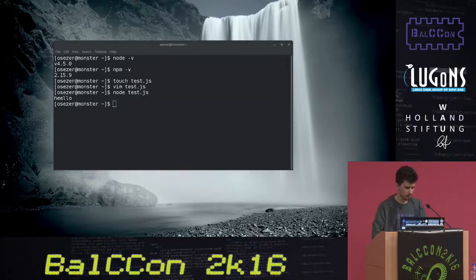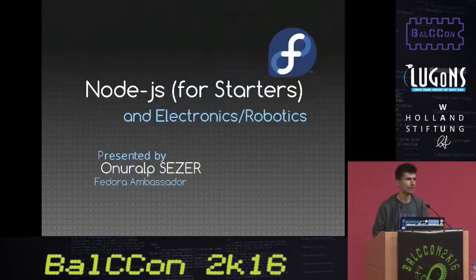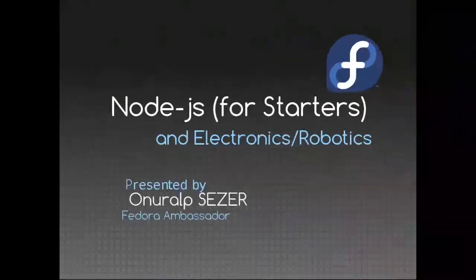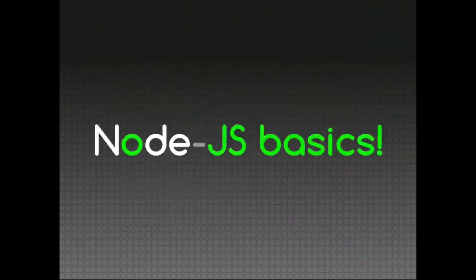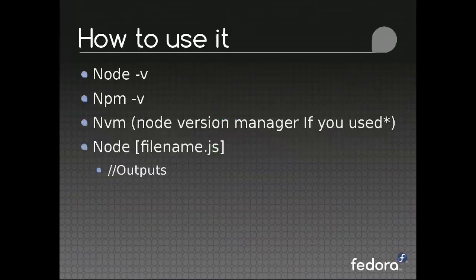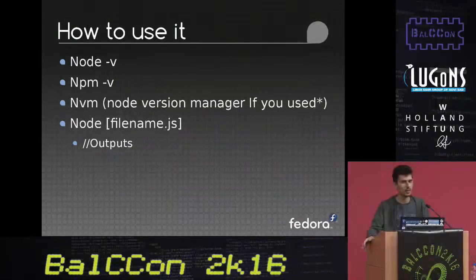So that's how to run Node.js. You don't need any web browser or any kind of external application. You just need Node.js and you can run it. But if you want to run something in your web browser, you're going to need some tools, which is simply a library that you can get from Node.js, thankfully, and use in your JavaScript file.